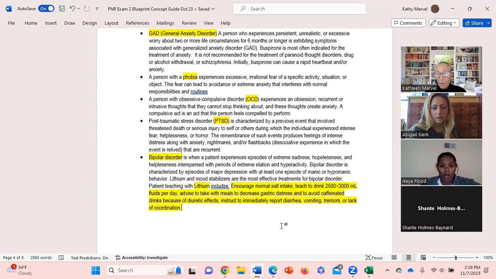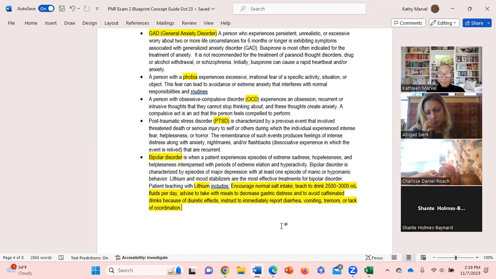So there's your teaching topics right there. Doesn't it take a couple of weeks to get in their system, also, the lithium? Mm-hmm. That would be a teaching tool. They ask like why, I don't feel any different. Yep, it takes a couple of weeks. Absolutely. So what would we ask about lithium?